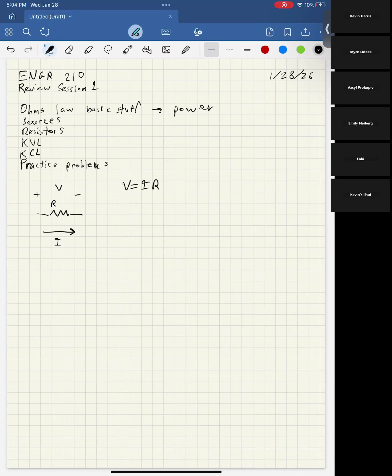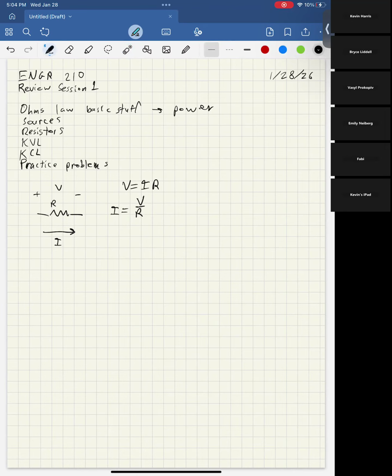The way to think about this is, when I push a current of I amps through a resistor, it will create a voltage difference between the left side and the right side in the direction of current. The other way to think about it is that if I have some voltage across the resistor, then V over R amps will flow through it. So those are two different ways you can think about it.